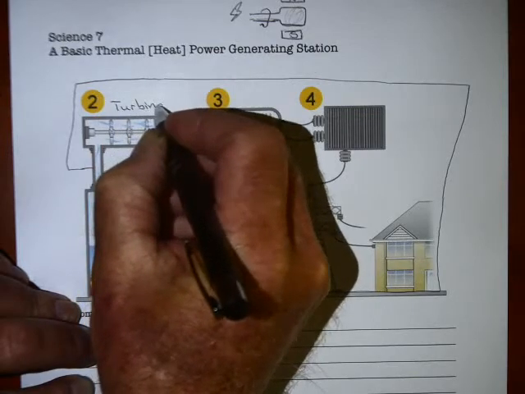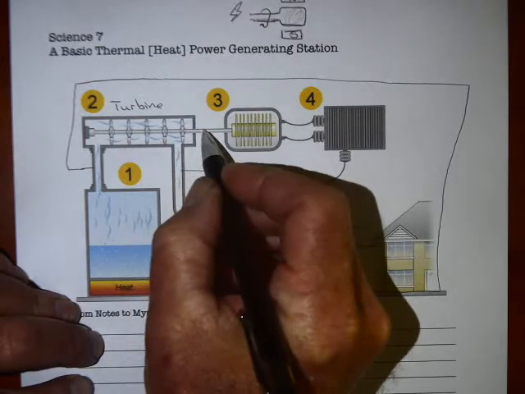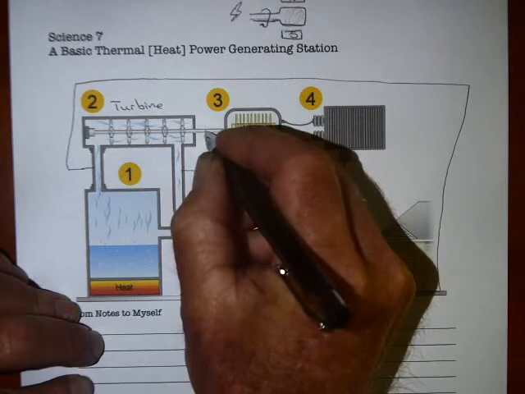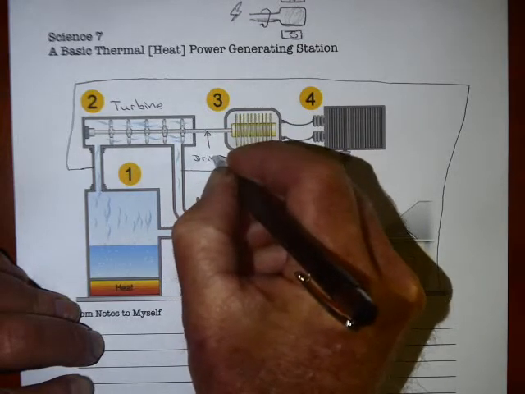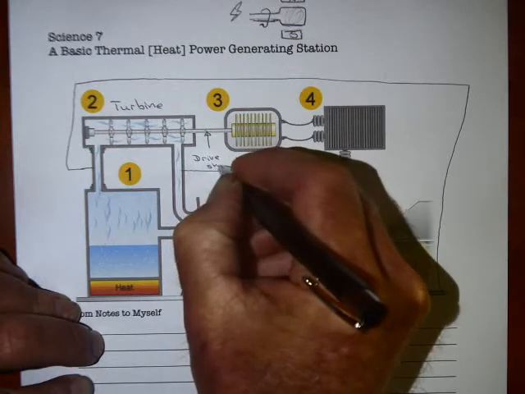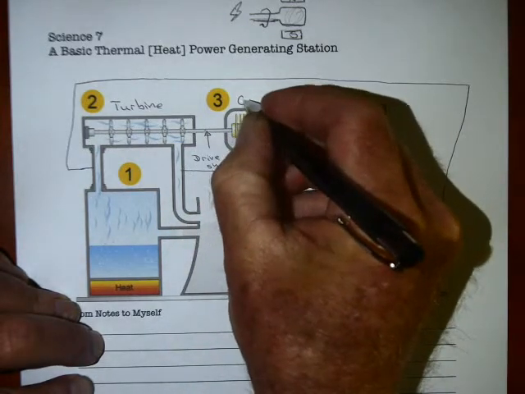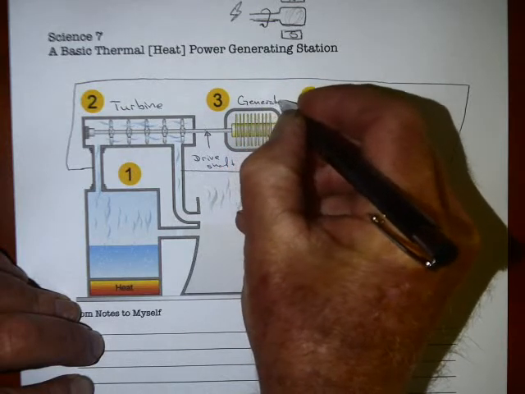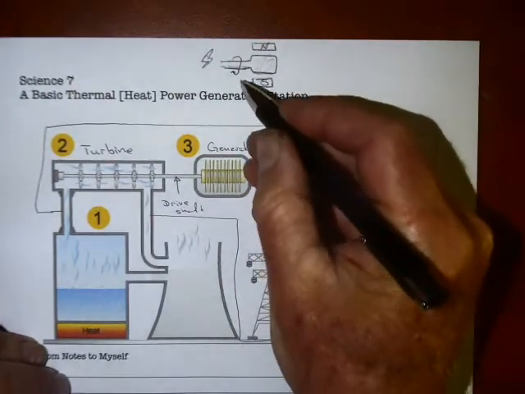And the turbine is hooked by a drive shaft. So this is the drive shaft, to the generator. So number 3 is the generator. And the generator is just this part here.